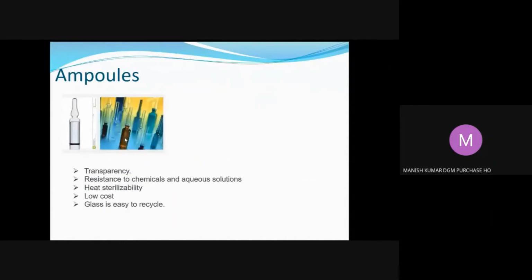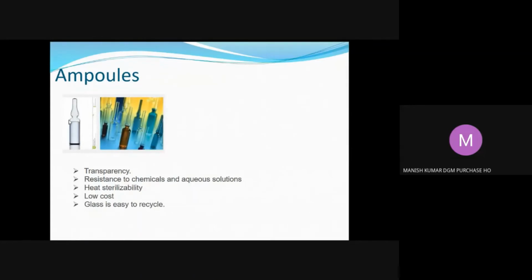Another form of injection comes in ampoules. Ampoules are less costly than vials. They come at low cost, and you can use different colors for the ampoules, and you can pack directly in them. They come in open form, and then are sealed by applying heat or flame, and they form this shape.